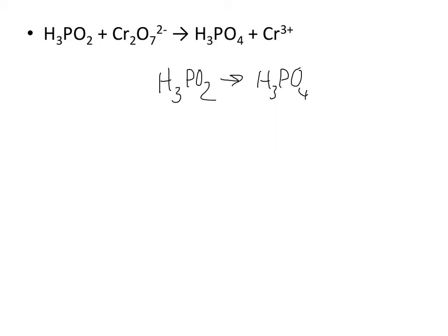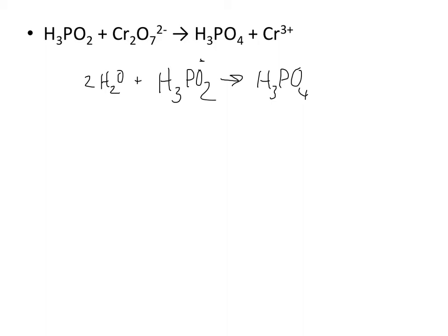H3PO4. And we see on this reaction, on the left-hand side, we are short 2 oxygen. So what we'll do is add the oxygen in the form of water to make up for those 2 missing oxygen.